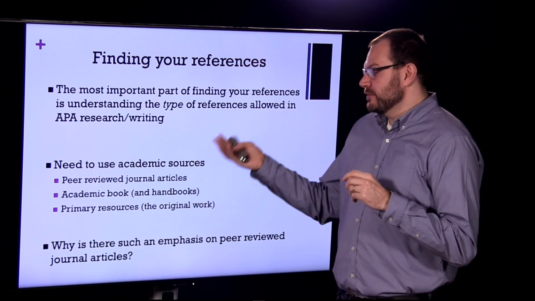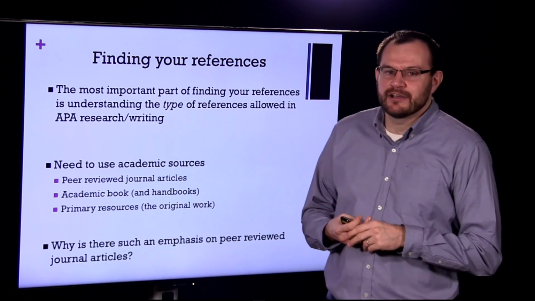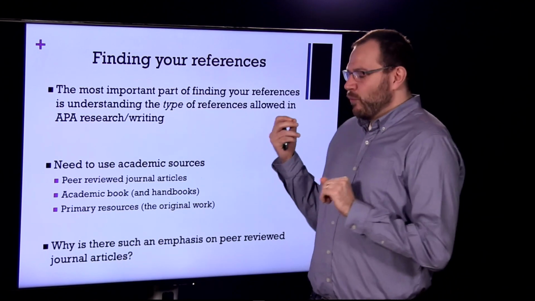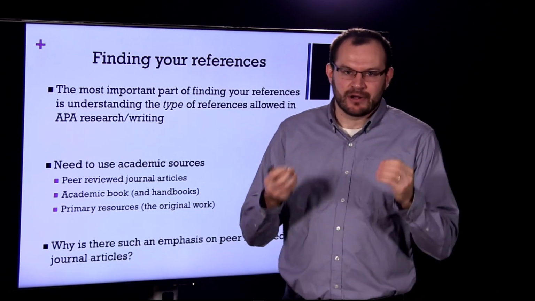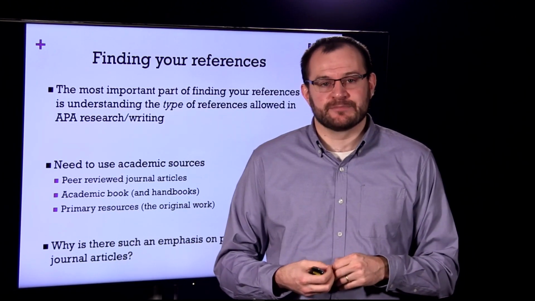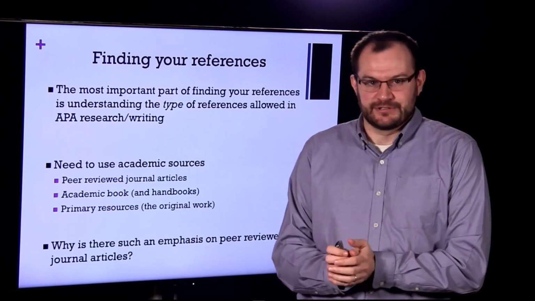What I'm talking about here with all this are called primary sources. What primary sources mean is they are original work. Landrum talks about this a lot and gives you some good examples, but it's the actual research, right?